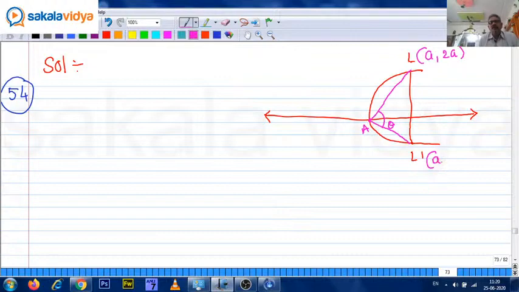This will be A comma minus 2A. This is the focus. This length will be 2A. This length will be A. This origin 0 comma 0. S will be A comma 0. So now here angle here to here, this angle will be theta by 2.